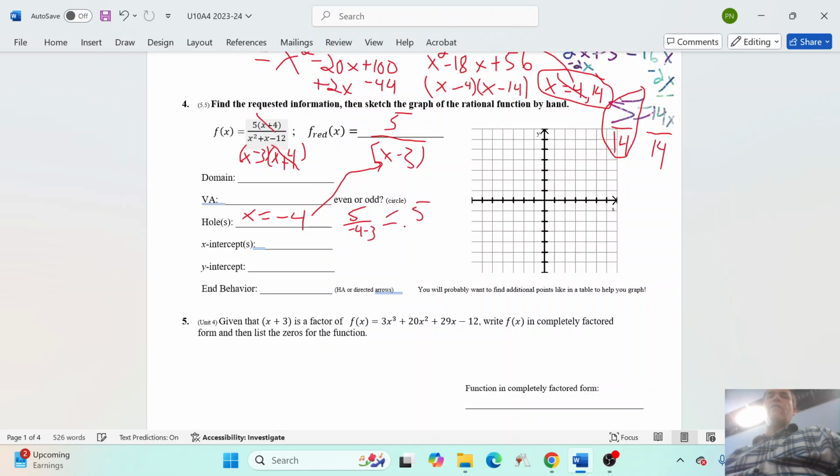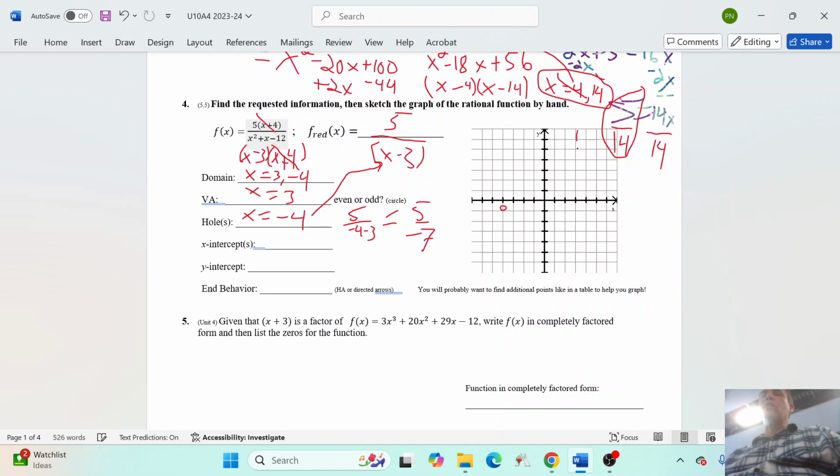So at 5 over negative 7 would be the hole. So 1, 2, 3, 4, and then that's just down about here. There's going to be a hole right there. And then the domain is all real numbers, except x can't equal positive 3 and negative 4. The vertical asymptote is x equals 3. That's where our vertical asymptote is.